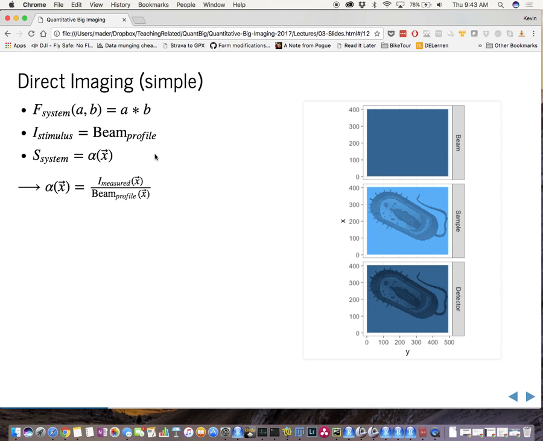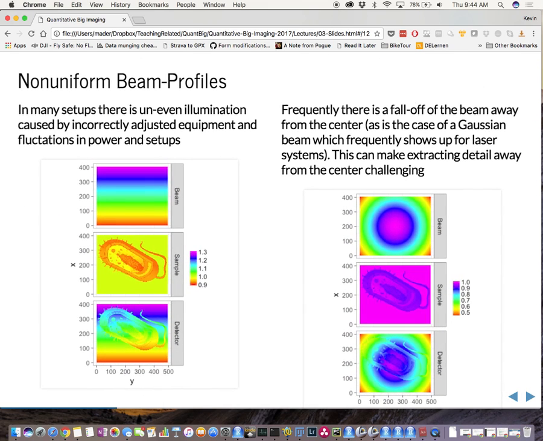If you don't know what your beam looks like, there are approaches in microscopy where you try to fit a model to the beam because you know it's a Gaussian profile or something like this. If you look at what a non-uniform beam profile looks like, if you have a gradient like this and a sample that looks like this, then you get something on your detector that has this changing illumination across it.